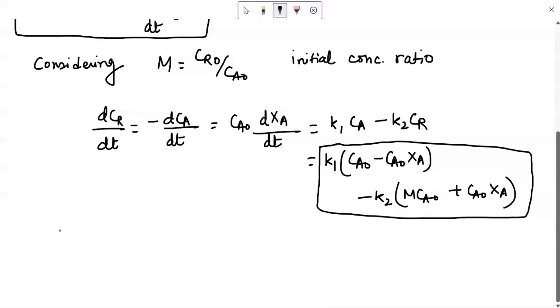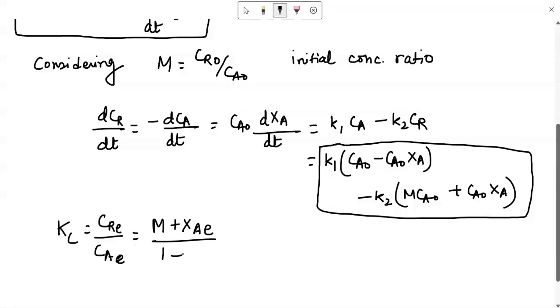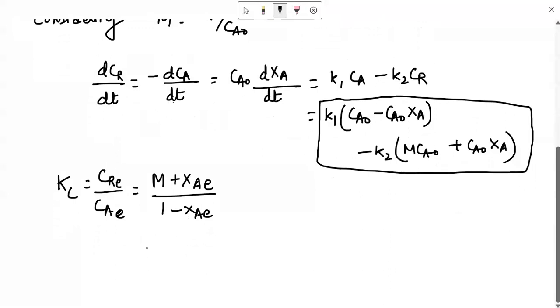That is given as Kc equals CRe by CAe, like I wrote earlier, and this is equivalent to (M plus XAe) by (1 minus XAe). That is obtained if we set dCA/dt equal to 0, and the equilibrium constant Kc is equivalent to K1 by K2.